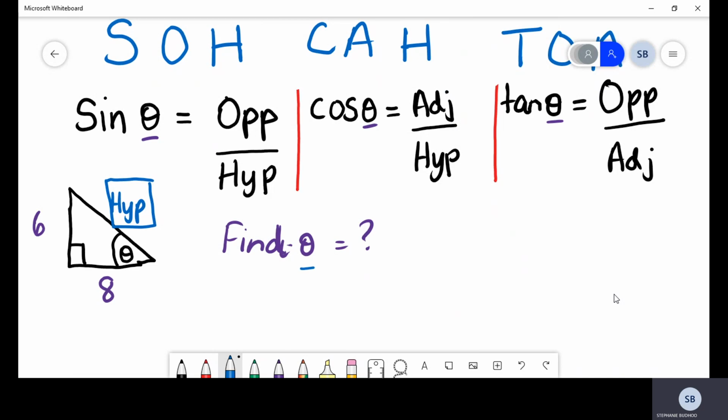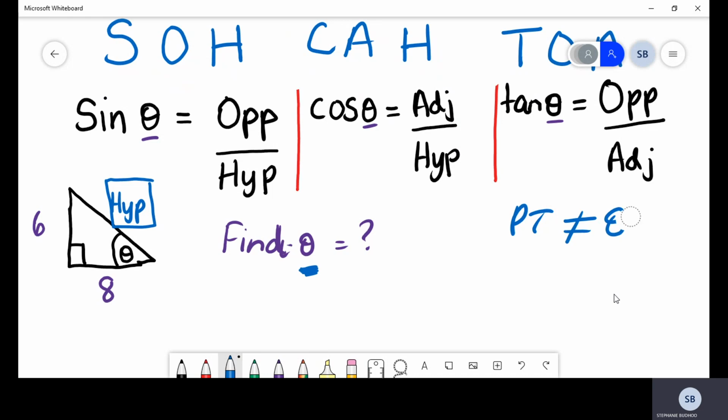But this question is not asking us to find the hypotenuse, are they? They're asking us to find an angle. Pythagoras' theorem does not have anything to do with angles. So no matter how hard you try to use Pythagoras' theorem for a question, you'll never be able to find an angle.